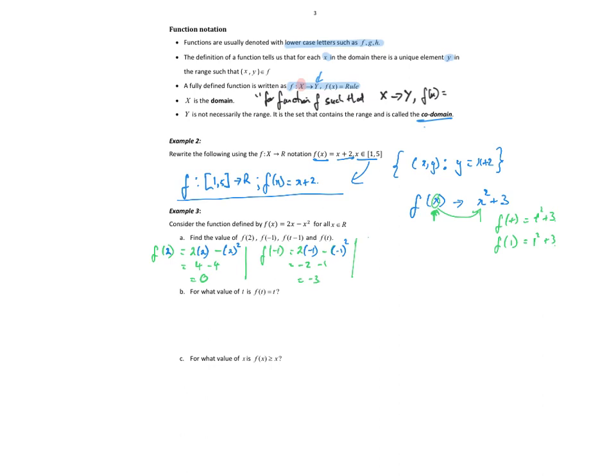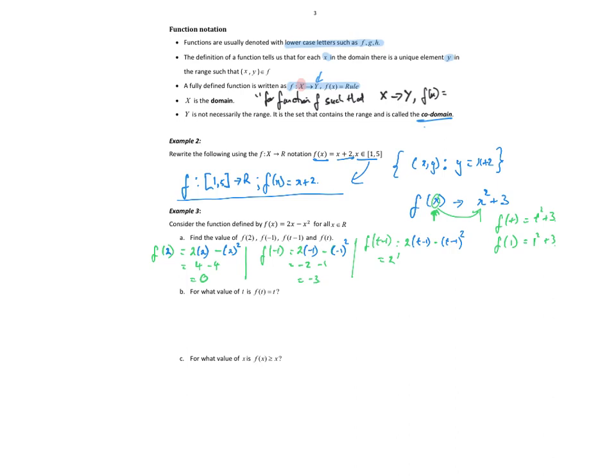F of t minus 1 is equal to 2 times x, but x in this case is t minus 1, minus x squared, which in this case is t minus 1 squared. So now we just have to be a little bit careful with our algebra and expanding.